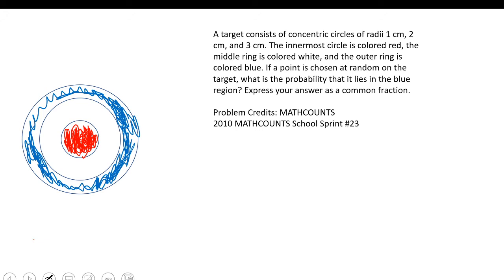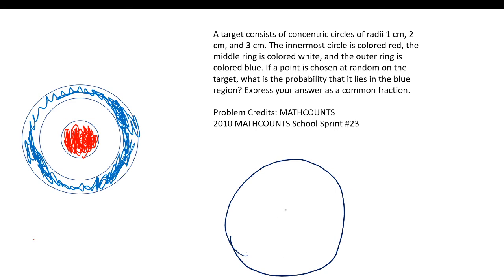Well, we have 3 concentric circles with radii 1, 2, and 3. Now, the probability that it lies in the blue region. Well, you might just go ahead and think, in the biggest circle, the radius is 3, right?